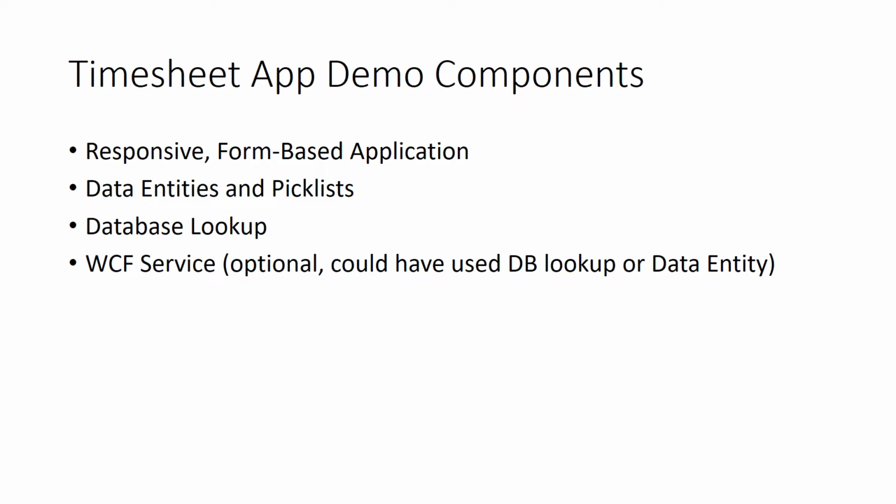Now this is going to be optional, right? The functionality here could also be achieved using a database lookup or a lookup for a data entity. But for demonstration purposes and to highlight how we can bring in data from multiple places into a single form, we'll use this service. And then we'll leverage AgilePoint's formula capabilities to calculate all of the timesheet data. All right, so let's get started.